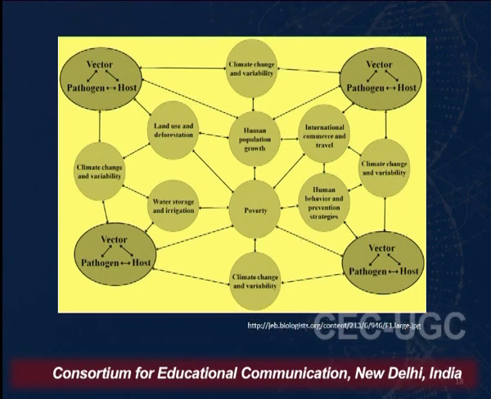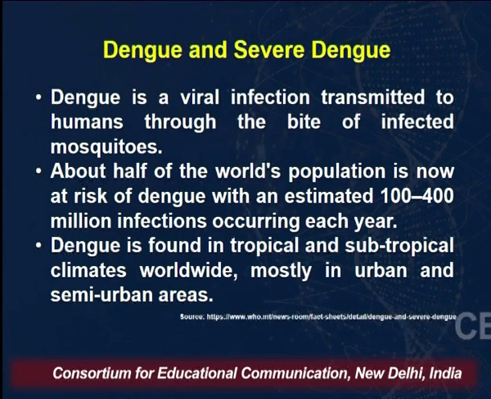Now, we come to the first vector-borne disease, which is dengue and severe dengue. Dengue is basically a viral infection transmitted to humans through the bite of infected mosquitoes, basically the Aedes mosquitoes. It is said that about half of the world's population is now at risk of dengue, with an estimate of about 100 to 400 million infections occurring every year.